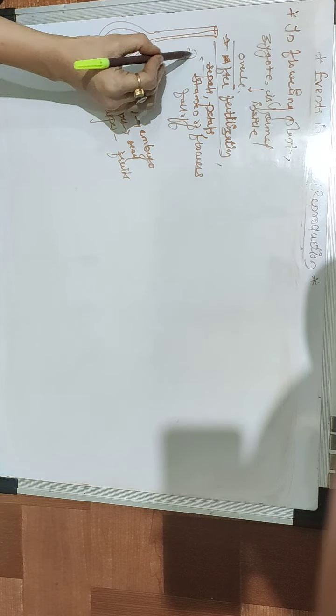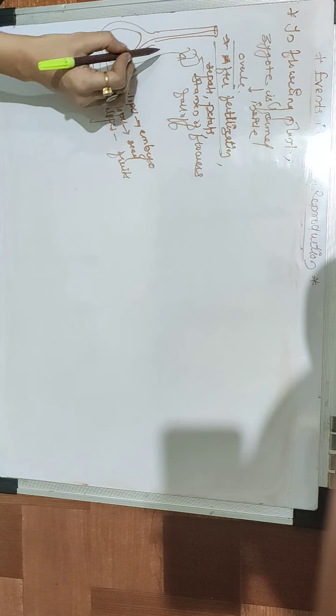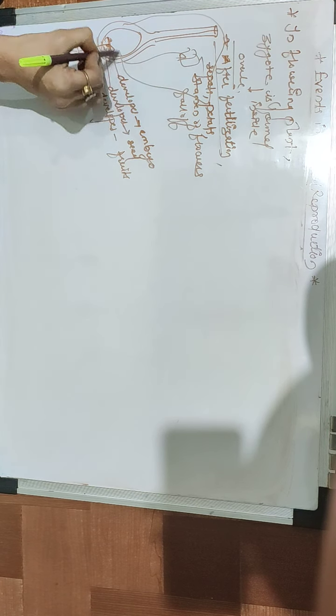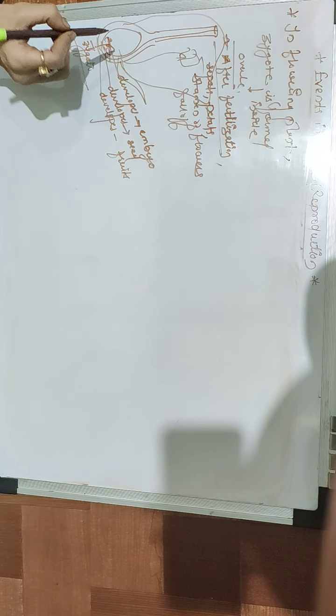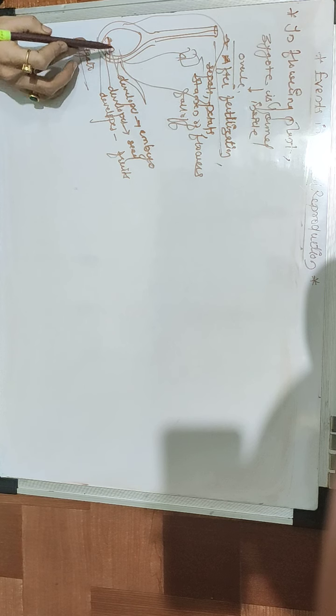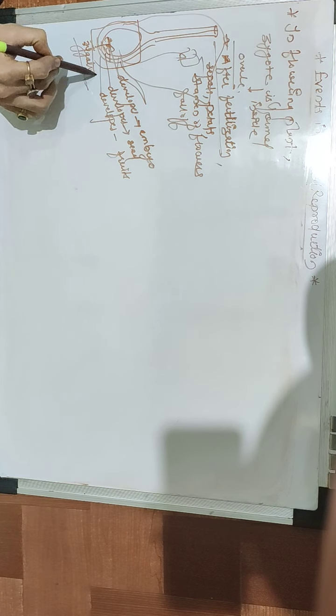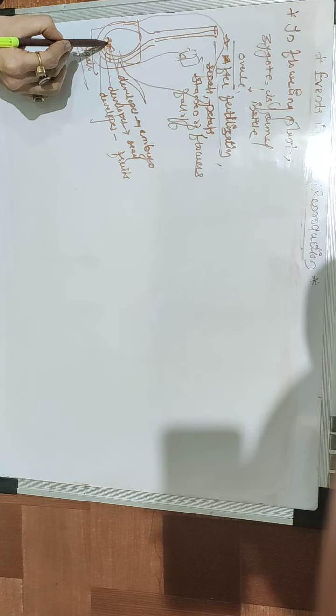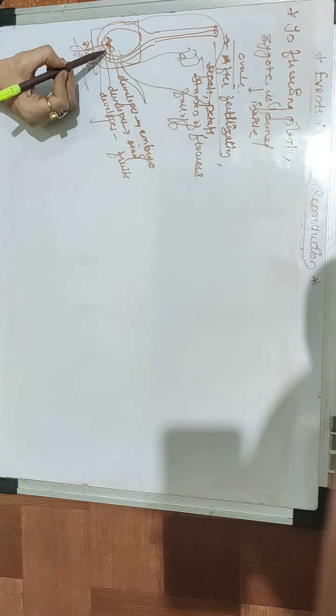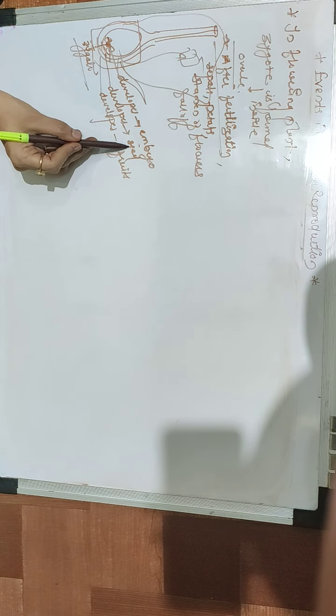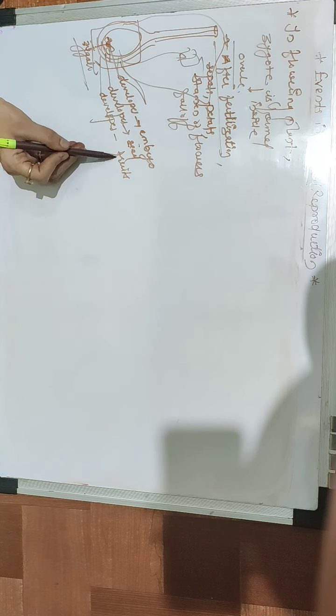This is the stamens, this is the petals, and this green color is the sepals. Because of that, only this portion is left. In that, the zygote develops into the embryo, the ovule develops into the seed, and the ovary develops into the fruit.